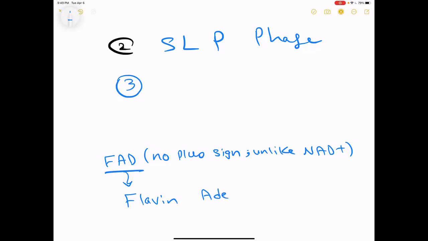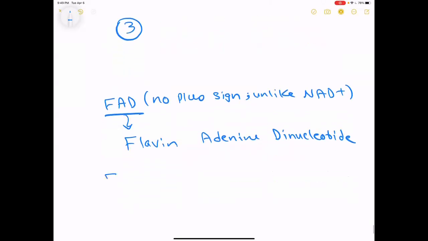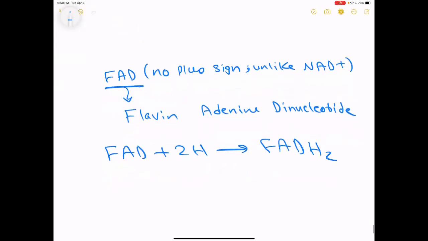So the same, adenine dinucleotide. So what happens is FAD grabs 2 hydrogens and becomes FADH2. So it is a coenzyme, electron carrier. But this one is unique to the Krebs cycle. Unique to the Krebs cycle. We did not come across FAD anywhere else.